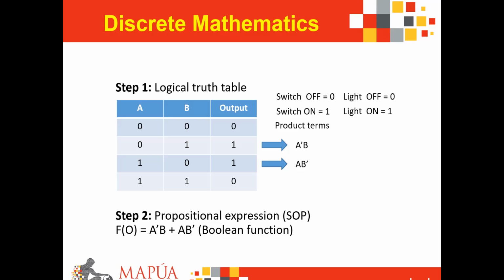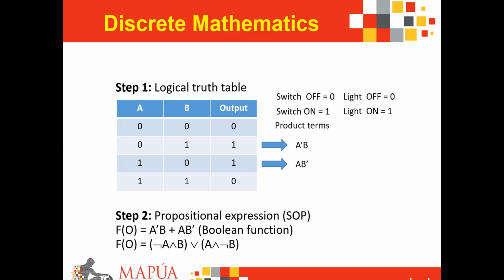All multiplication operations are replaced by an AND connective, and all addition or plus operations on your Boolean function are replaced by an OR connective. Therefore, you end up with this propositional expression, which is not A and B, or A and not B.